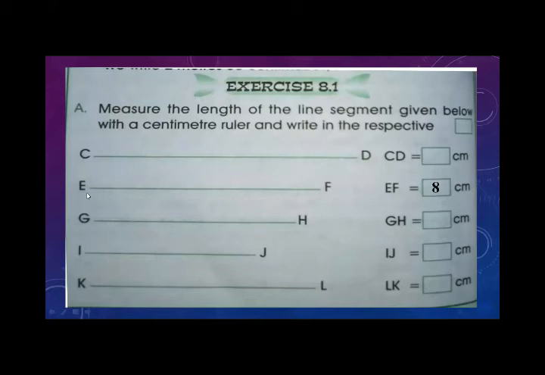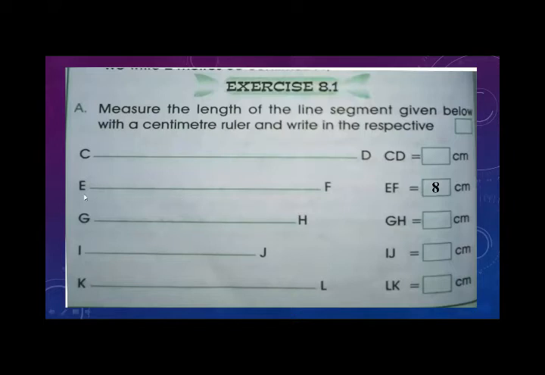Part E. Sorry, here the line segment EF. When you put a scale here at the starting point 0, always put the scale from zero. When you measure it till F, the line segment becomes 8 centimeters. Do it right now. If you face any difficulty, ask me right now.